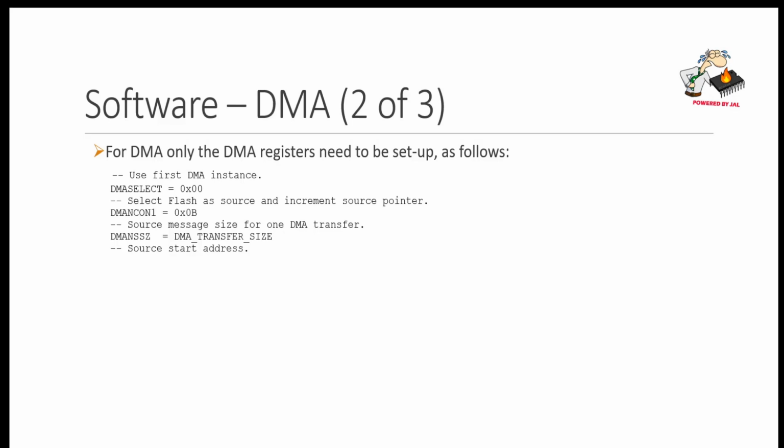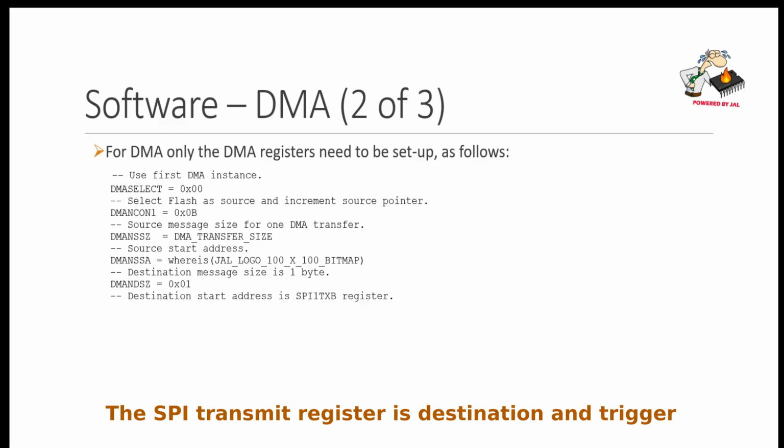Then we have to define the start address of this array, and for that we use the whereis command from YAL. Then the destination size is 1 byte because we're transferring to one SPI register. We have to set the destination address, and also we can obtain that using the whereis command.